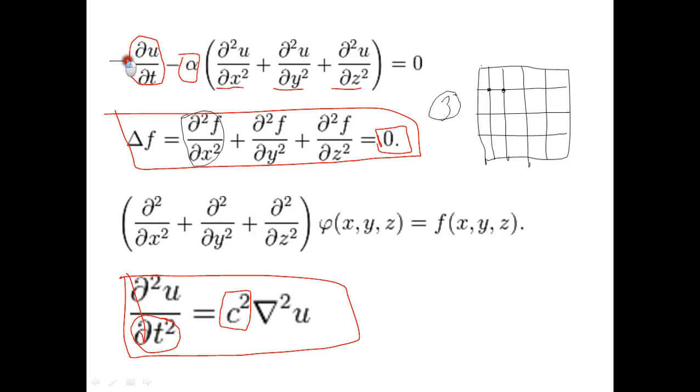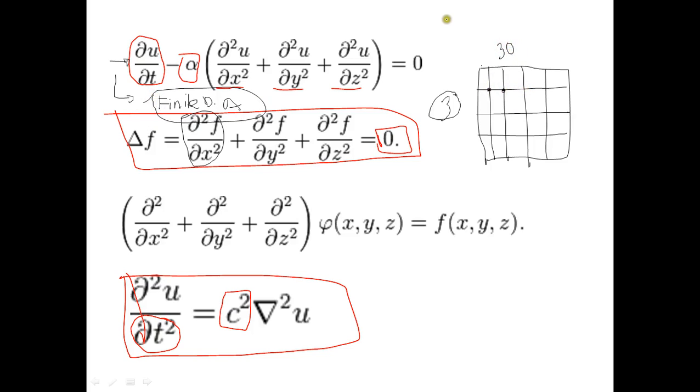This is not the original equation, and we have to replace the original equation by a finite difference approximation. So we'll have this kind of finite difference approximation equation. These finite difference approximation equations will be solved at each node, so we'll get 30 equations.